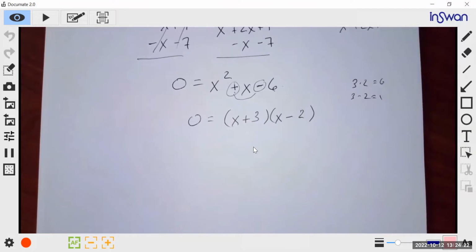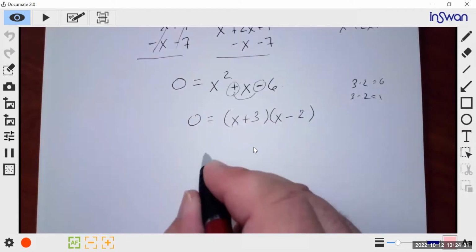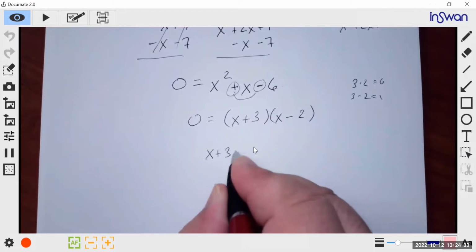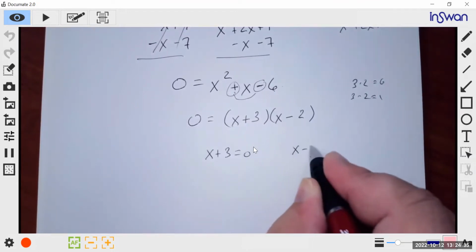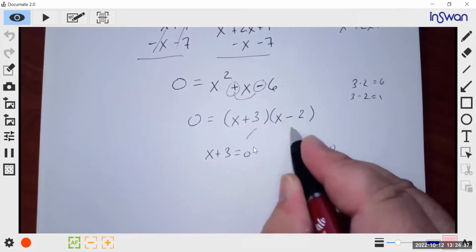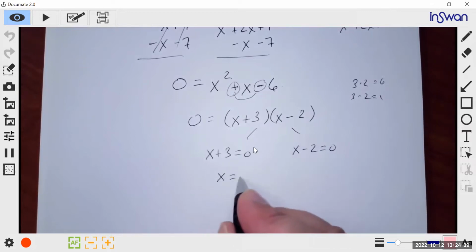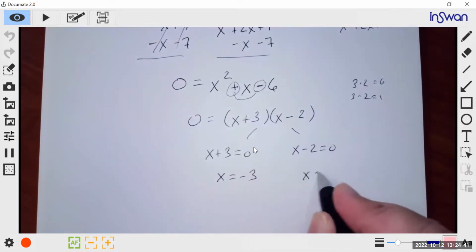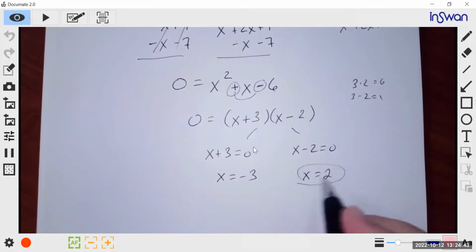And what do you do from there? Yeah, we set them both equal to 0. So it's going to be X equals -3 and X equals 2.